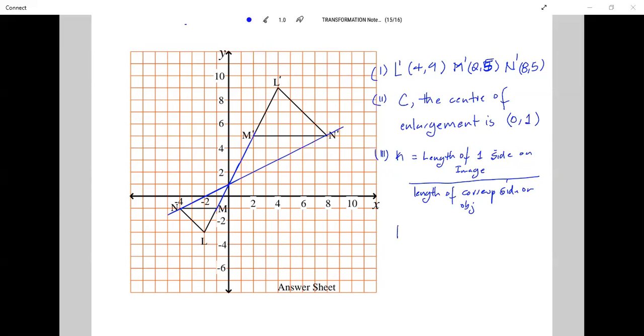So K would be equal to M prime N prime over MN.